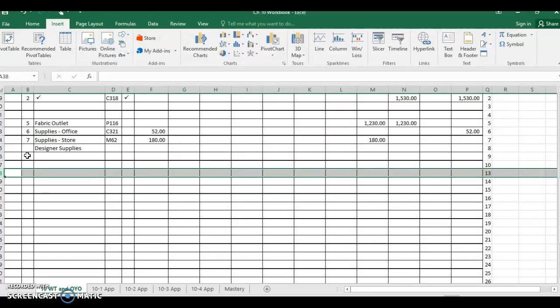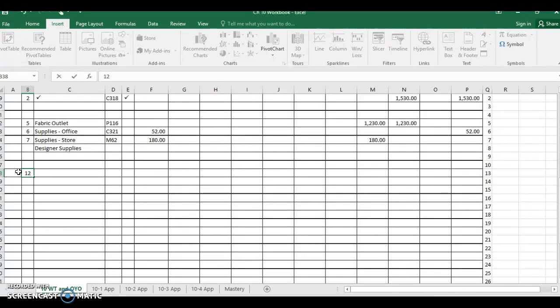Okay, so if you remember, back on one of the lines we bought it on account, we owed them money, so we're going to pay off some of that debt that we owe them. So you start out just like before by putting the date, October 12th. We are paying cash to pay off a debt that we have to them. So your account title is whoever's being paid. That's Design Fabrics.